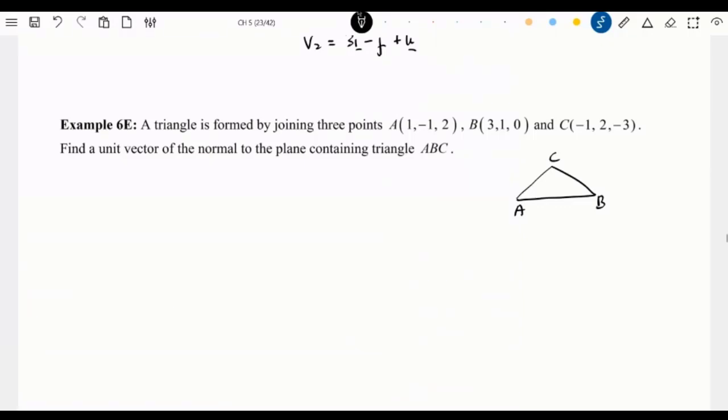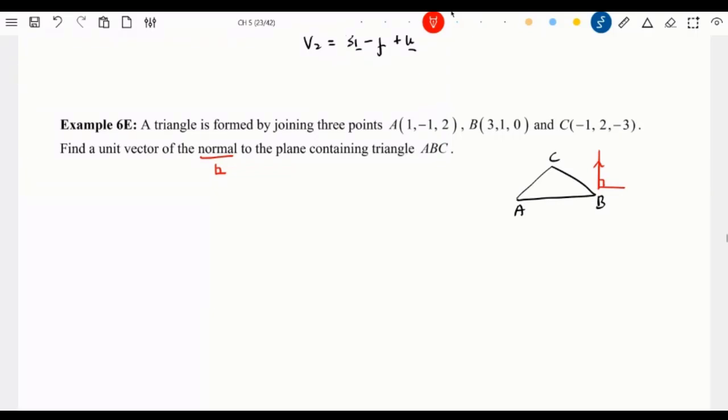Okay, so we have to find a unit vector of the normal. When we talk about the normal, it relates to the cross product, which is normal to the plane. So the normal must be perpendicular, upwards or downwards. So here is perpendicular.